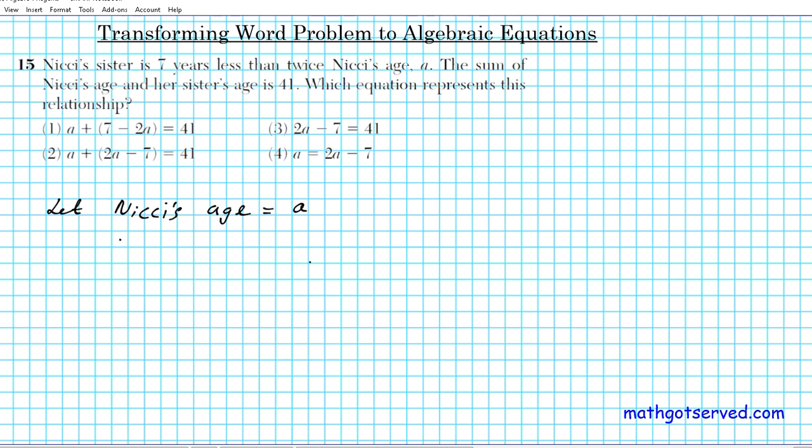So what is the sister's age? Niece's sister's age is described as being 7 years less than twice niece's age. Okay, so let's write that down. It's 7 years less than twice niece's age.